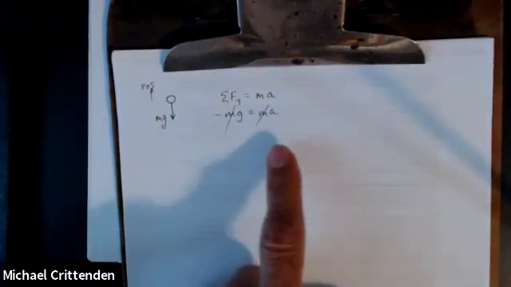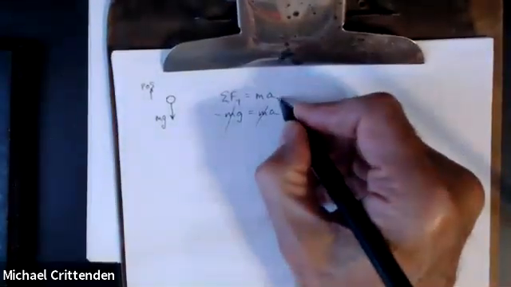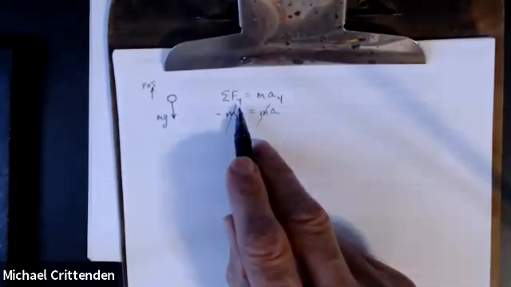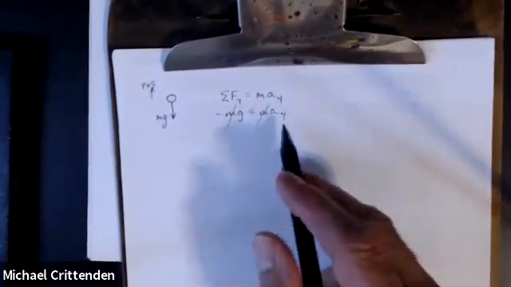And the masses cancel out, and the acceleration, the y component, maybe I should do it this way. The y component of the forces is what determines the y component of the acceleration. And so the y acceleration is the gravitational acceleration.